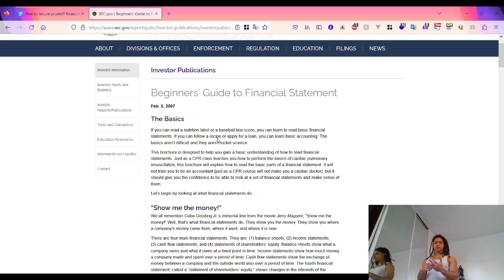So we're going to focus on the first three financial statements in this section, starting with the balance sheet, which shows the company's assets, liabilities, and shareholders' equity, where an asset is anything that a company owns that has value, and can typically be sold or can be used to make products and services that can be sold.